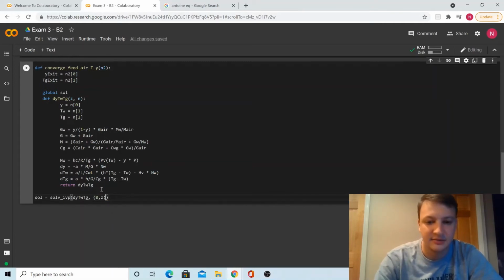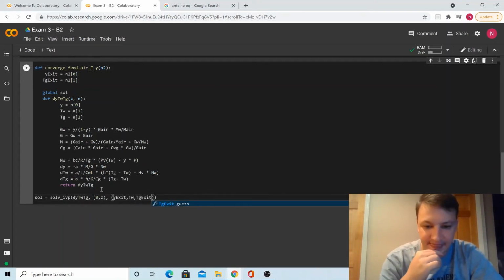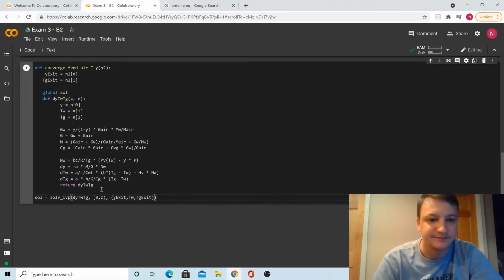After that, we're going to have our exits as well as the other variable, the temperature of the water, by itself, since it's not one of the exits we're looking at. So we have the mole fraction exit, temperature of the water, and the temperature of the gas exit for the output we want. Make sure that's all good.